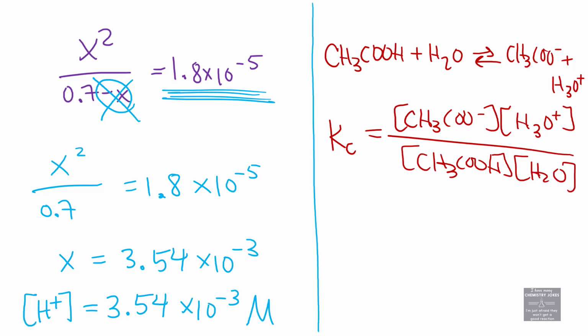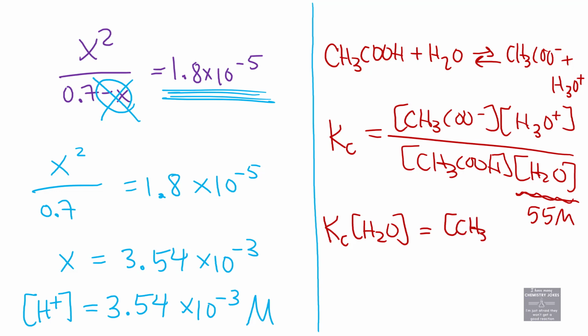But water does not really have a variable concentration. It's not really going to change. Water has an established concentration of 55 molar. That's a pretty large number. So if I take Kc and multiply by the concentration of water, I get CH3COO minus times H3O plus over CH3COOH.